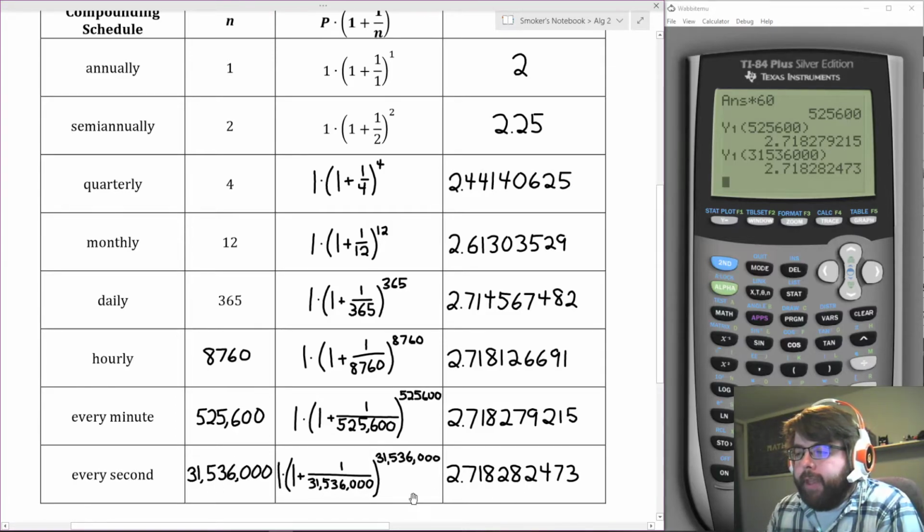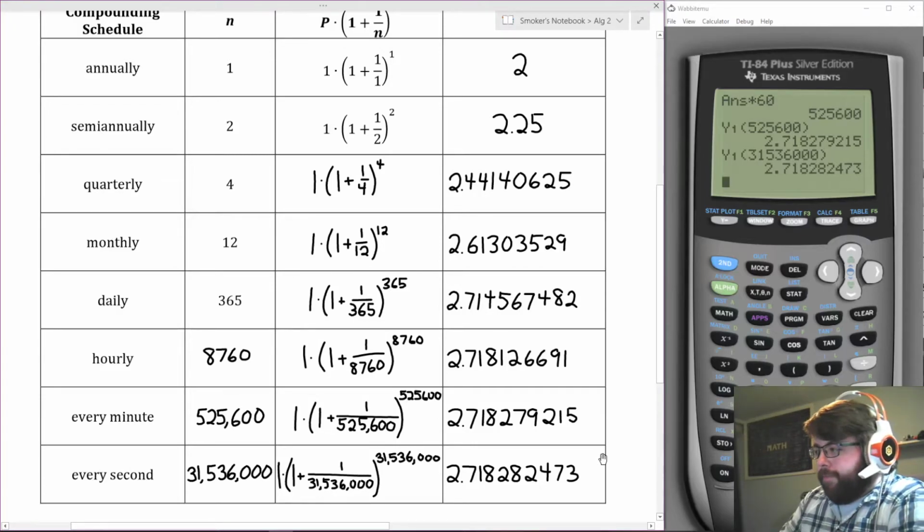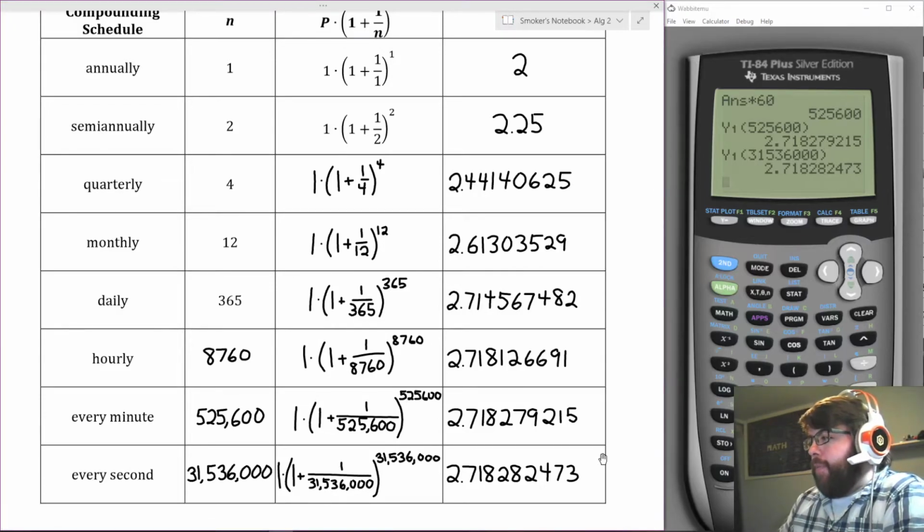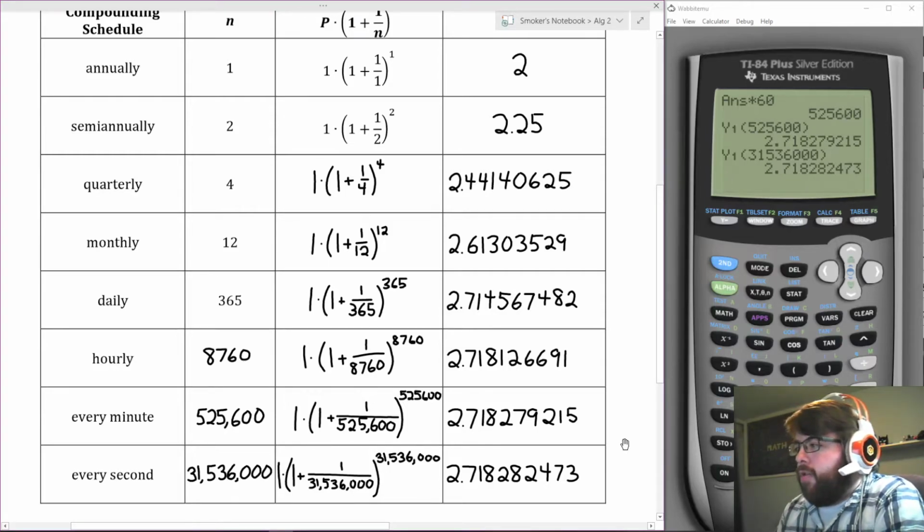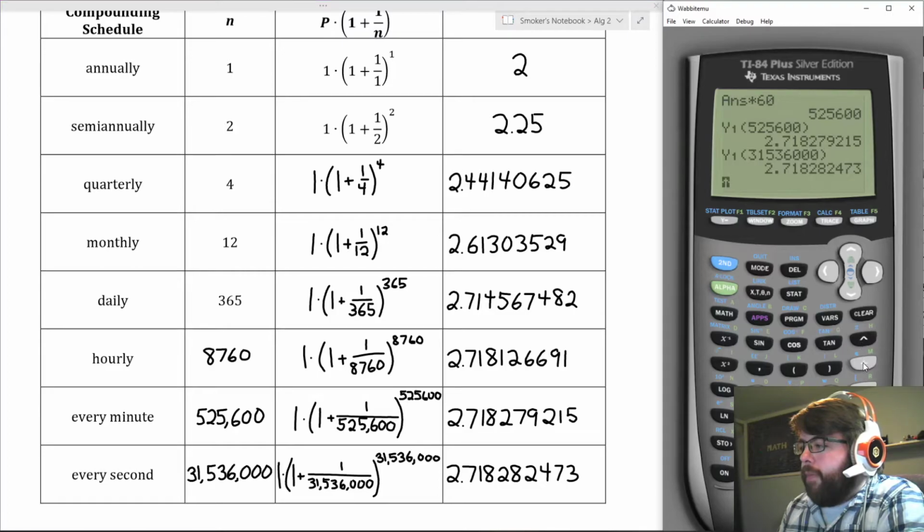You could keep going. And this is getting closer and closer to an irrational number, similar to pi in that it's irrational, and similar to pi in that it's used a lot. Now, it's not used a lot in geometry, but it is used a lot in upper level math, and that is the number e.